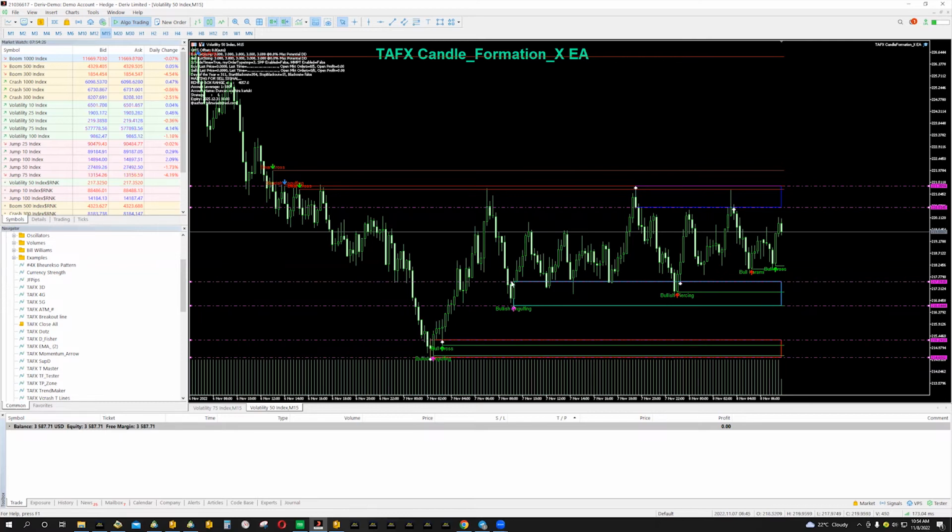You can see again after this pullback, and there is a zone, this area, we have a bullish engulfing. We all know the power of these candlesticks. So, right, if they have a combination of support and there is an engulfing, tell me what will hinder that market now from buying?